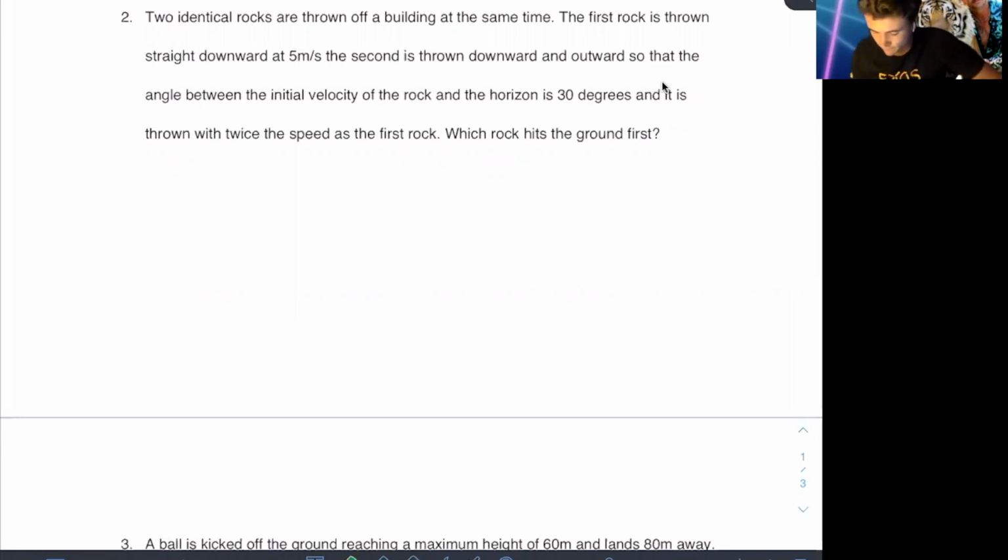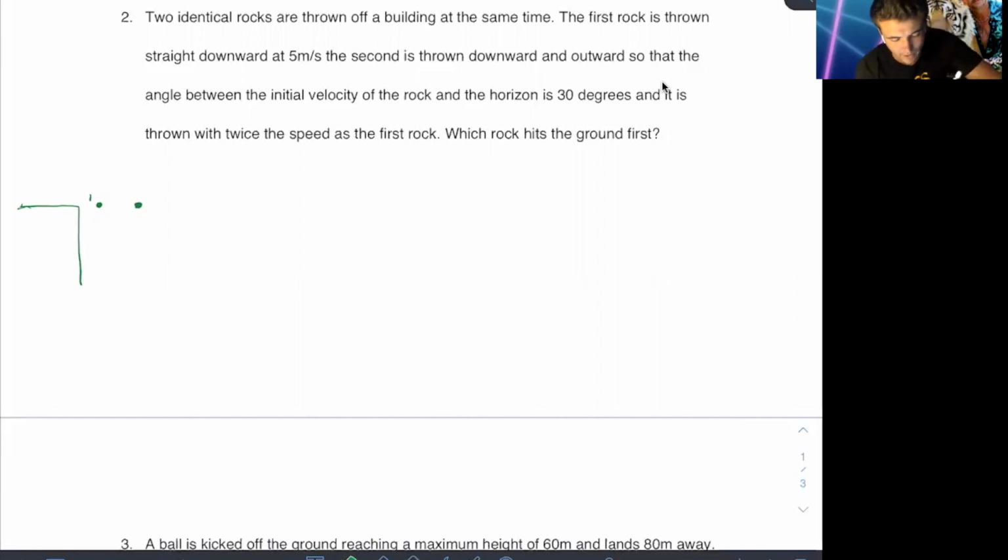Let's draw our diagram. Okay, so good diagram here, off to the side. We got 2 rocks. Let's say this is rock 1, this is rock 2. Okay, so they're thrown at the same time.